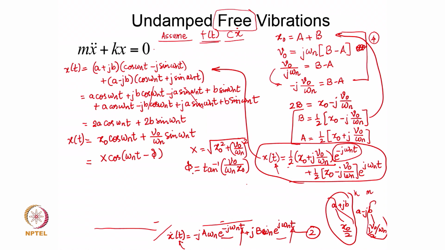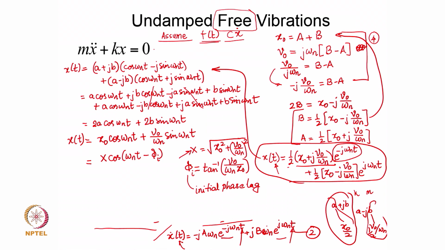And I would like this phi to be called phi I, for the reason that will be clear to you later. That phi I is actually the initial phase lag. Okay. You will get to know what this initial phase lag is.